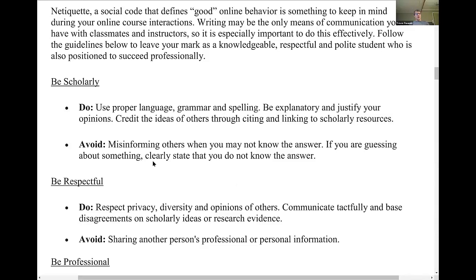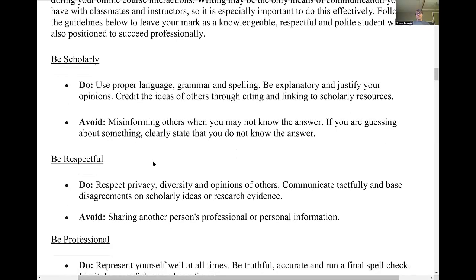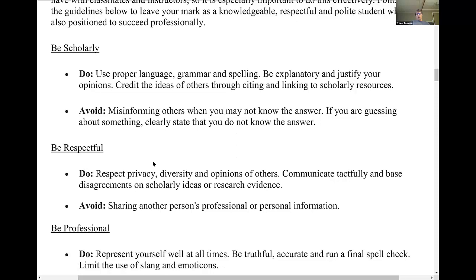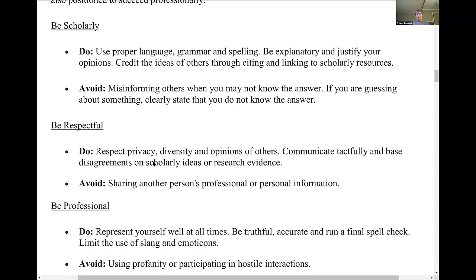I know that can feel daunting, but just try to use the best and most appropriate language that you can. As we talked about a little bit earlier, do be respectful. Our learning levels, our knowledge levels are going to be varied, and that's perfectly fine. And we're going to have diversity and different opinions. So we'll try to be kind and respectful to each other when we're answering and asking questions.